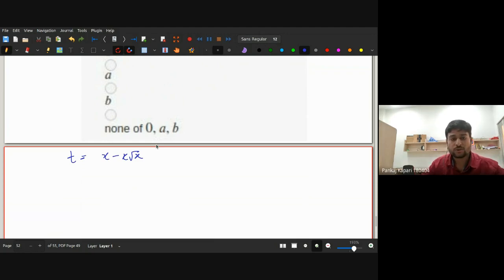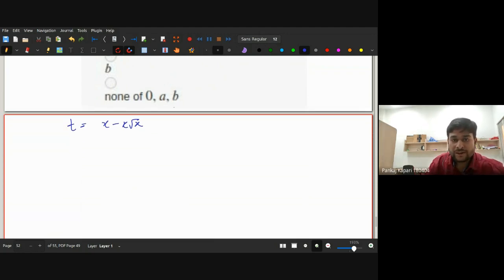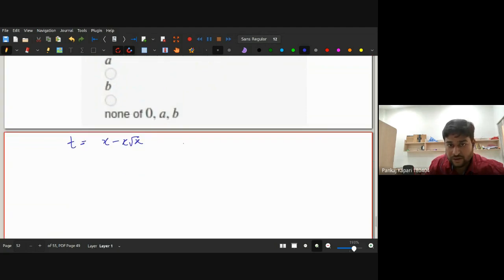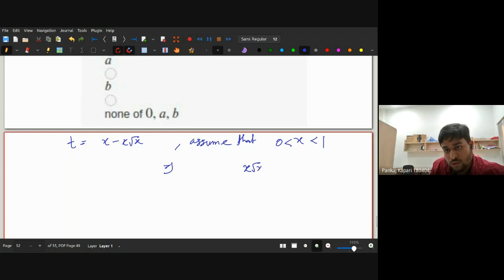Because the limit is from the right hand side, assume that x lies between 0 and 1. Now because x lies between 0 and 1, the higher power, root x times root x, which is x to the power 3 by 2, is less than x.